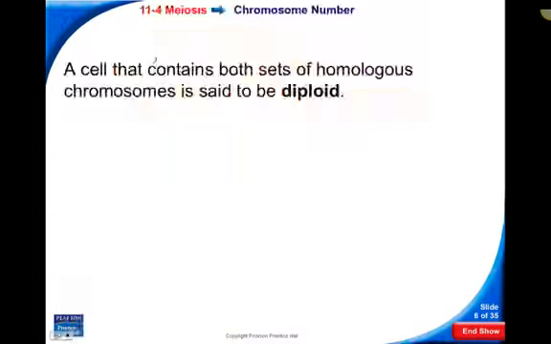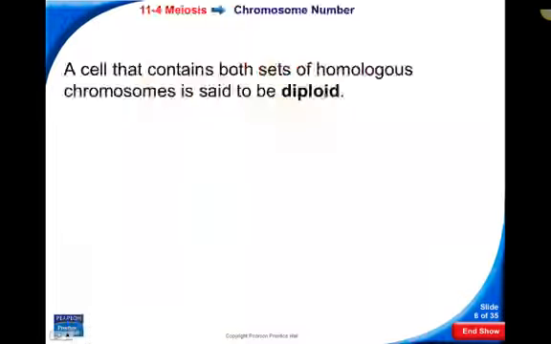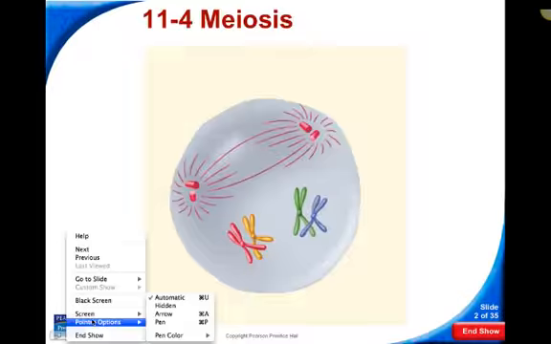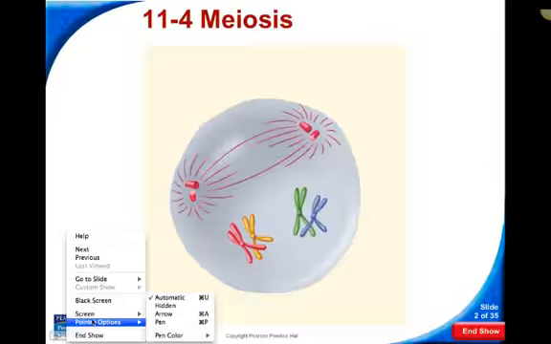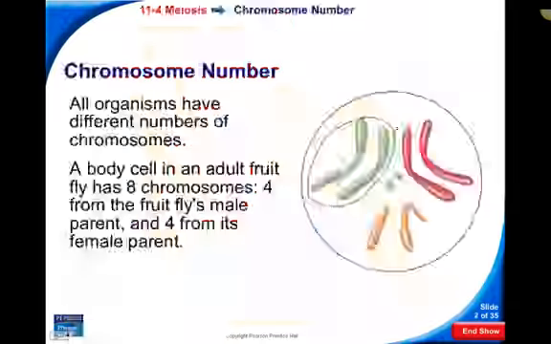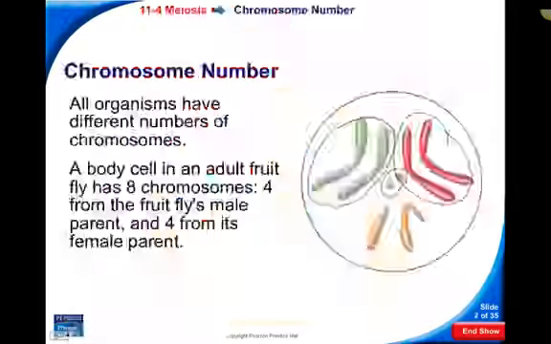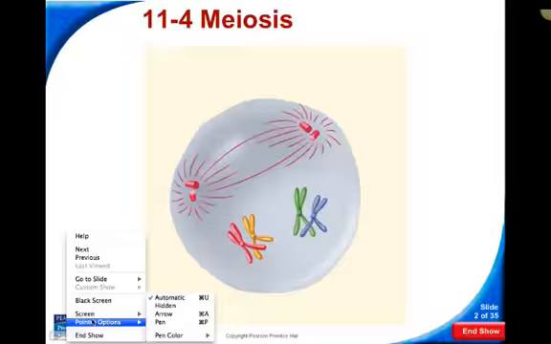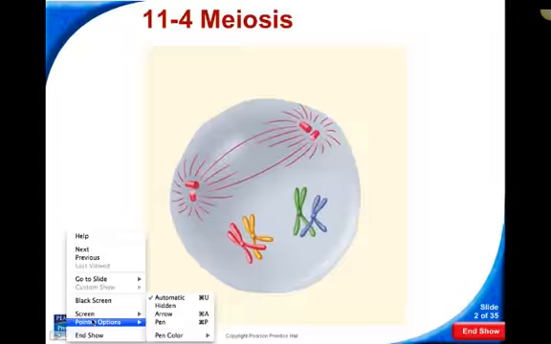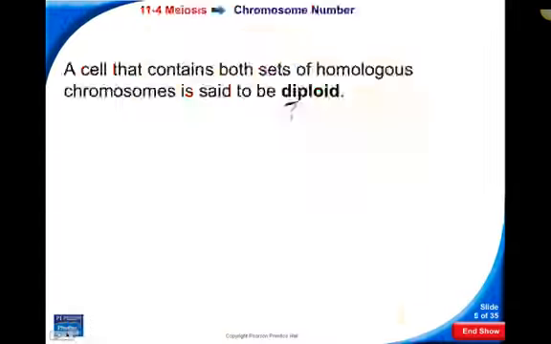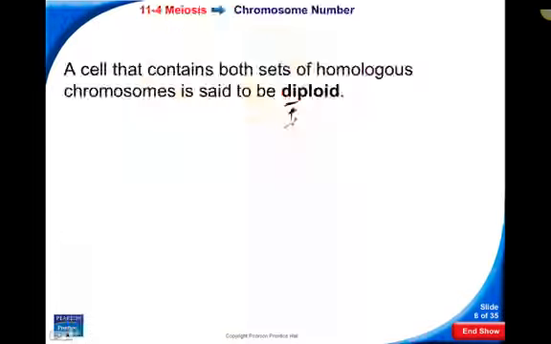Okay, and a cell that contains both sets of homologous chromosomes is said to be diploid. So this contains both sets of chromosomes, so this is a diploid cell. If you remember, the prefix di means 2.